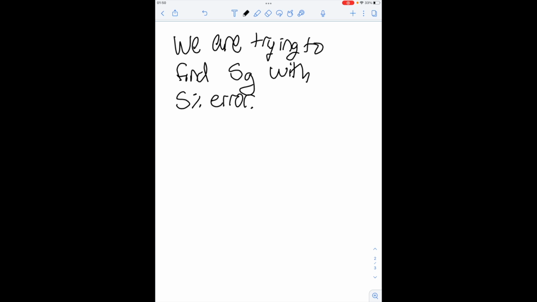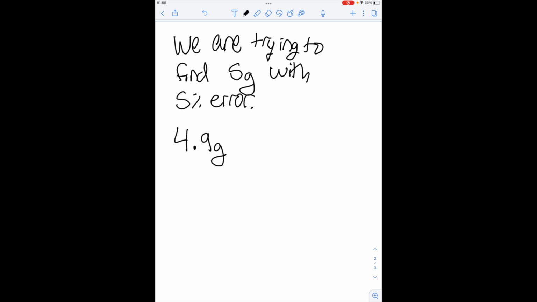Okay, so our example is we are trying to find 5 grams within that 5% error. So let's just say we weighed out some powder and we found 4.9 grams. And we want to know if that's within 5% error.